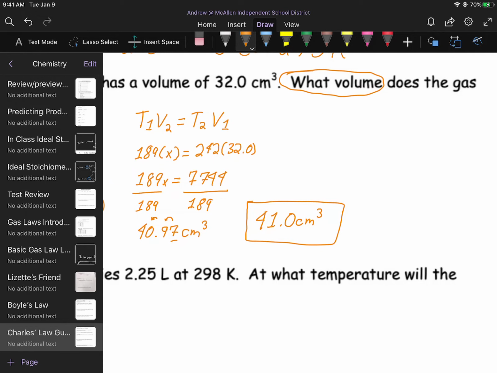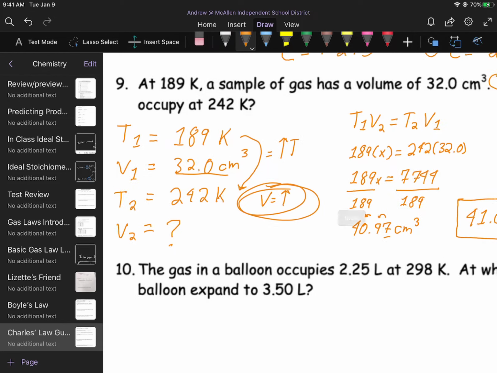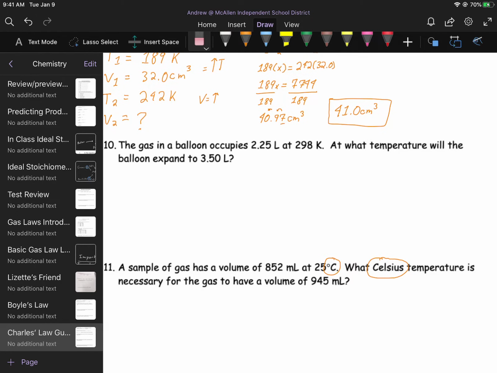If we solved 41.0 centimeters cubed as our volume, is that an increase from 32 centimeters cubed? I believe so. So if I clean this up a little bit, there's the problem in its entirety. There we go. Now let's solve number 10.